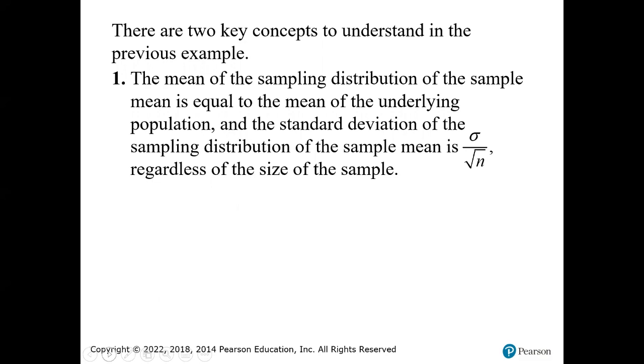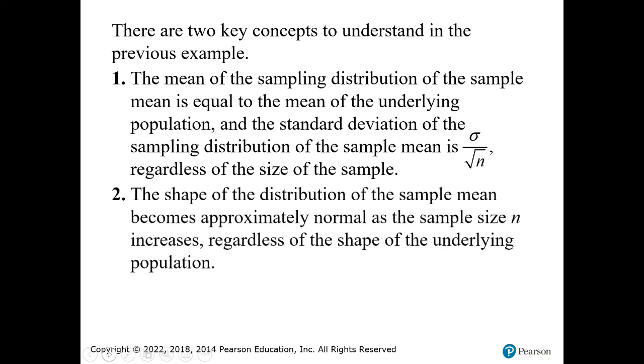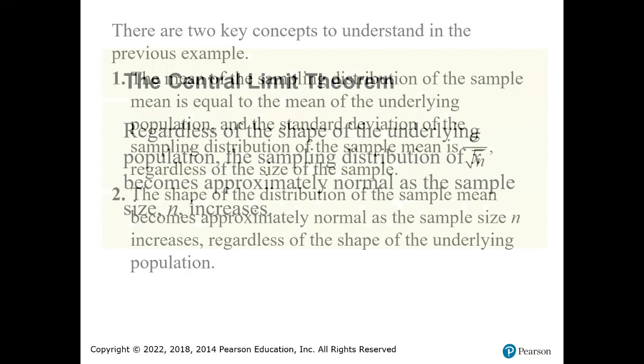It doesn't matter what size sample you work with, that formula still works. The shape of the distribution becomes approximately normal as your sample size increases. So it didn't matter that this data was originally skewed to the right. When I take a large enough sample size, the graph turns normal. Why?